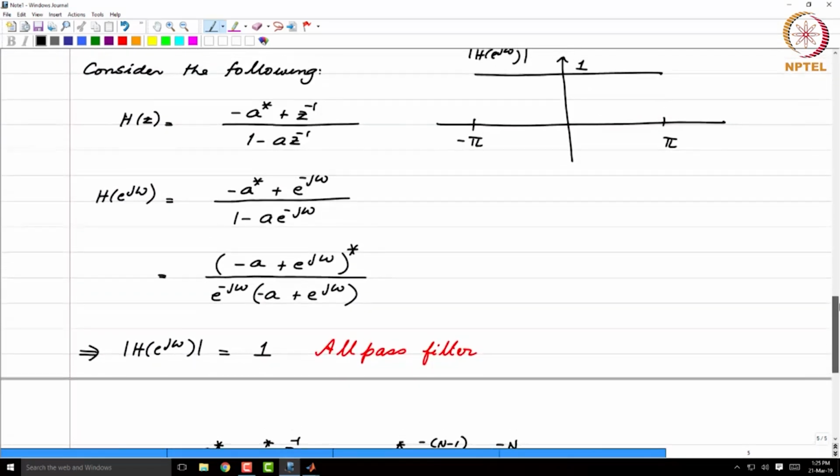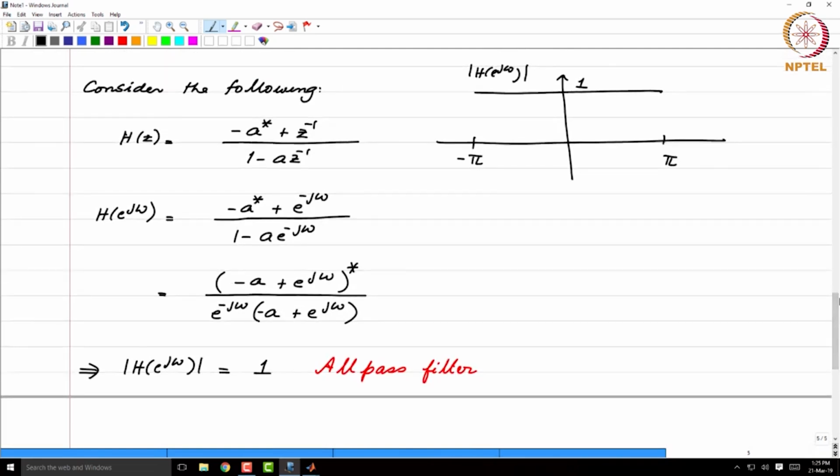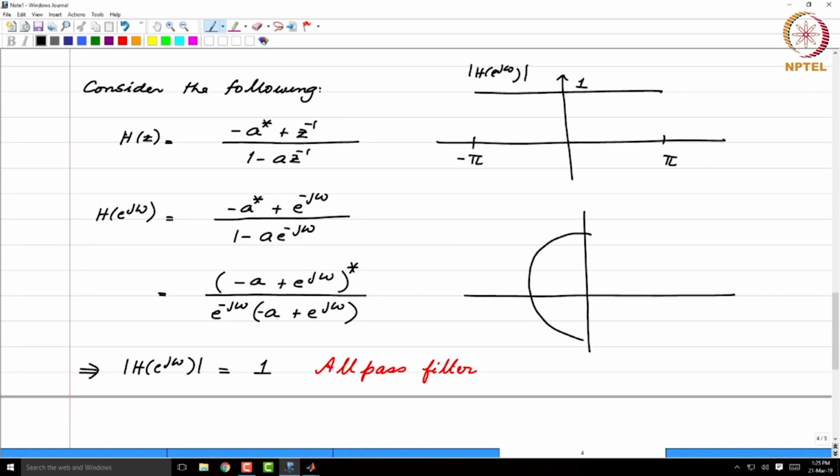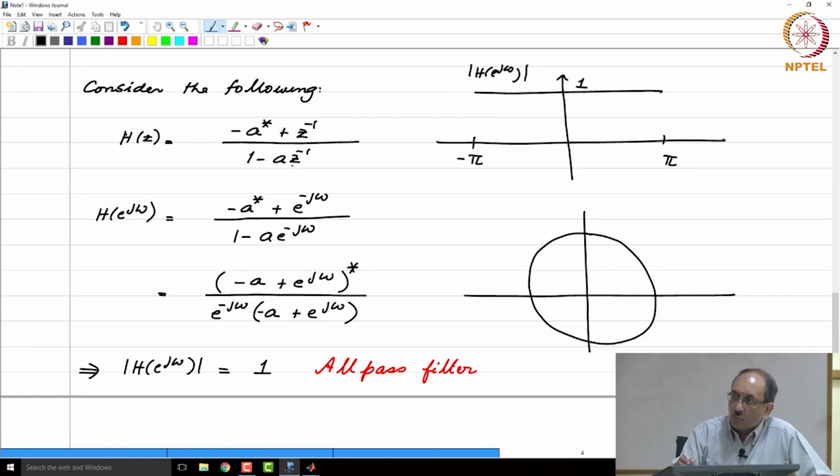Let us go and revisit this first order section to get a feel for what is going on. So, it has a pole at z equal to a, the 0 is at 1 over a star.